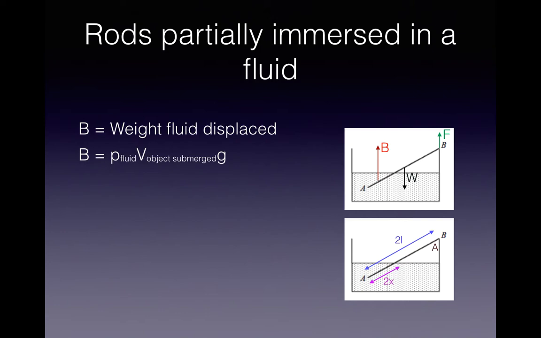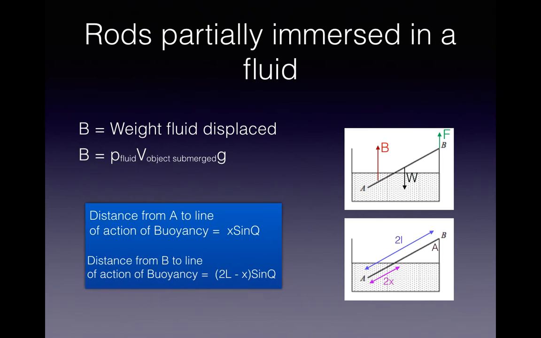To calculate the horizontal distances, you'll be using the sine of the angle multiplied by the hypotenuse, which would be L in the case of the W force and 2L minus x in the case of the buoyancy force. So again, the distance from A to the line of action of the buoyancy is x sin θ, or x sin A there.